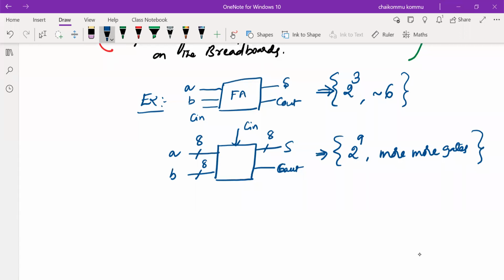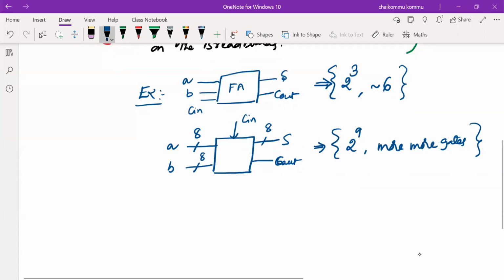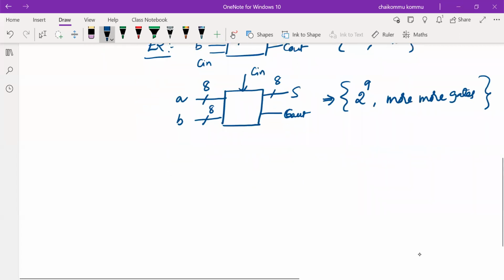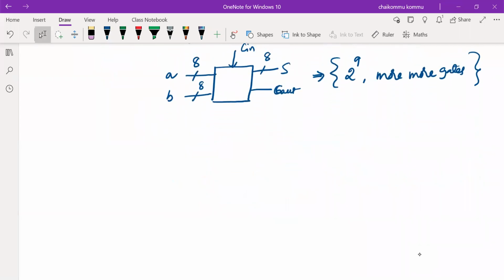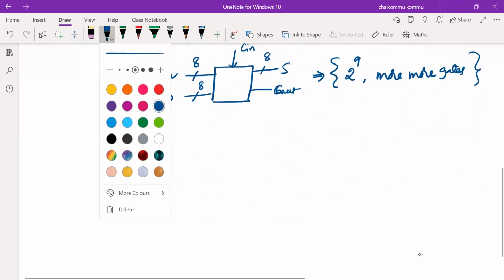Fine. So in that situation, we have to go for another approach. It is called complex digital design.